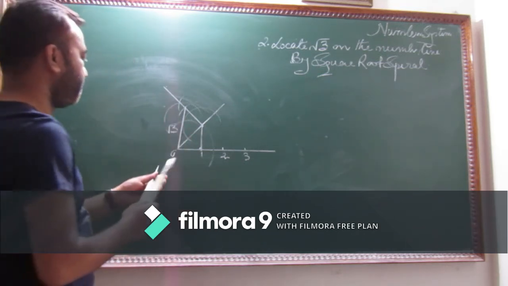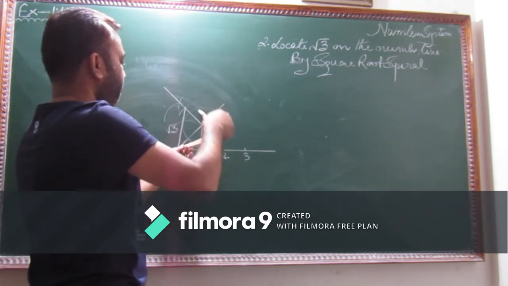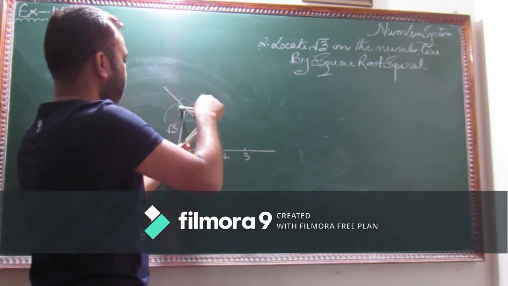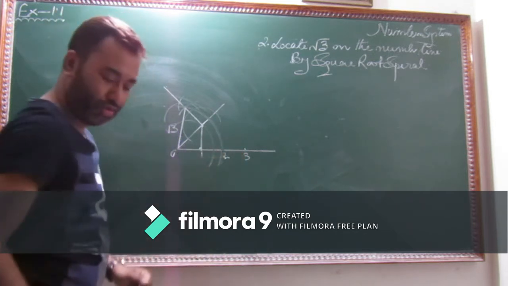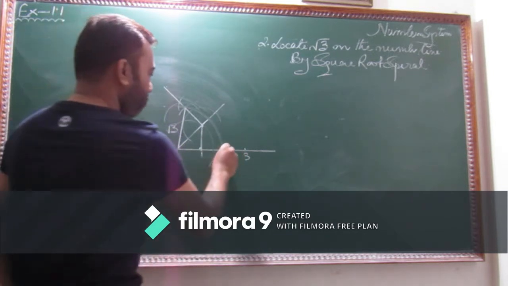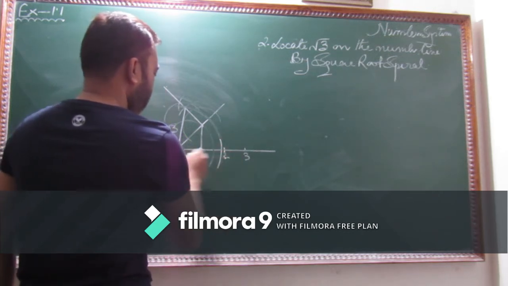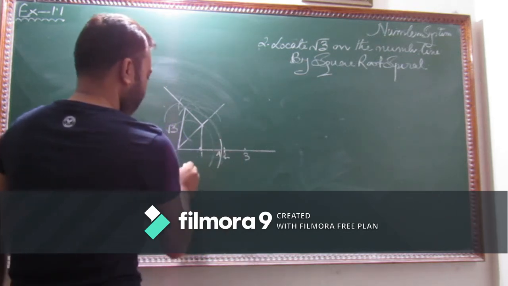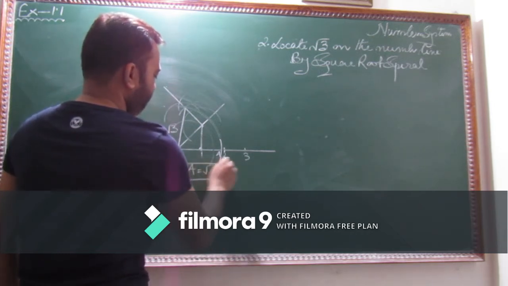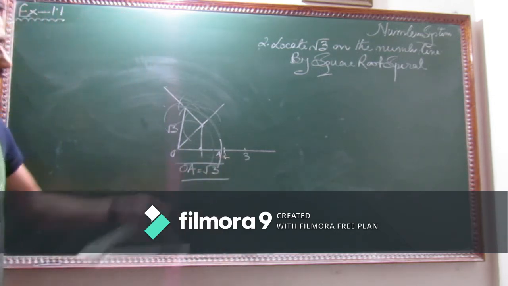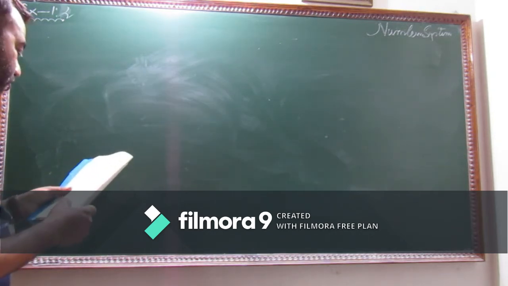How is it possible? Yes. This is 2 and this is just before 2. This is O. Let me consider this is A. So OA is equal to root 3. Root 3 is equal to 1.732.